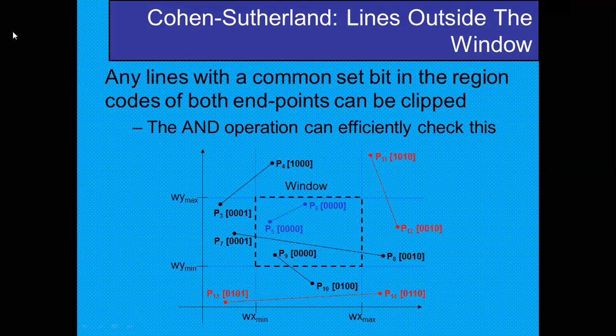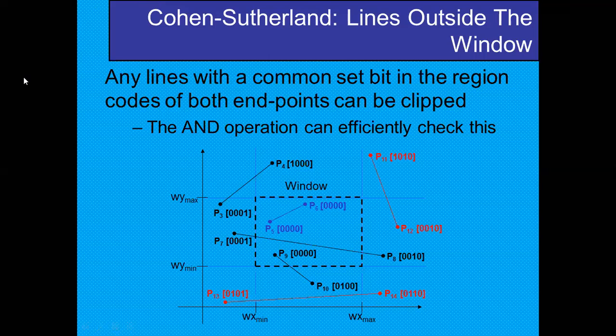Then first we will find the intersection points, at which the line is passing through the window edges. First we will name those points, and after that we will choose only those portions which are lying inside the window, and outside the window from that intersection point we will discard.